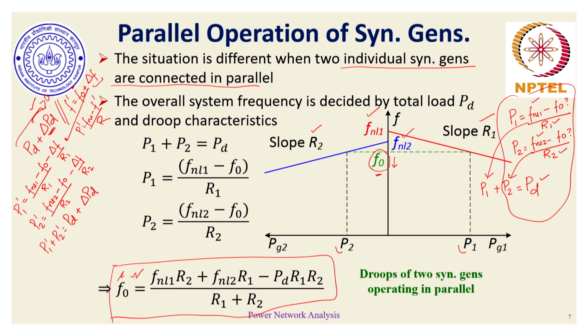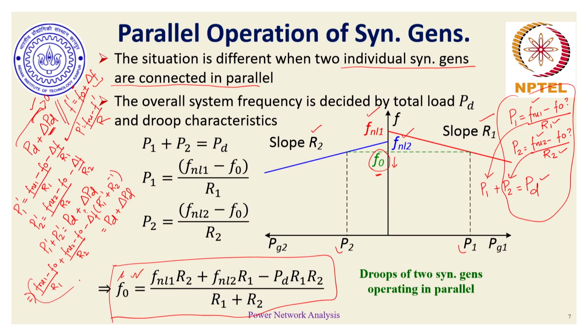So if I substitute these numbers, I would see that (FNL1 minus F naught) by R1 plus (FNL2 minus F0) by R2 minus delta F times (R1 inverse plus R2 inverse) is equal to PD plus delta PD. This is my new equation where delta PD is known and delta F is the only unknown; F0 and remaining quantities are known.